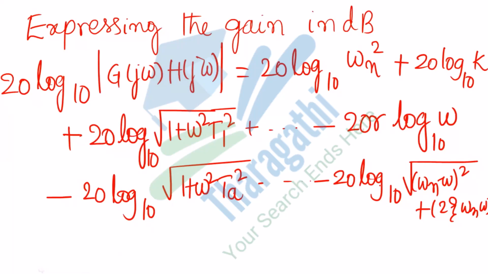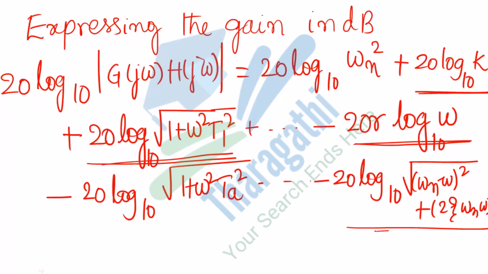If you observe the terms, we have different terms. One is 20 log K to the base 10. Another one is 20 log 10 under root 1 plus ω squared T1 squared. Another one is 20 into r log 10 ω, and another term is 20 log 10 under root (ωn minus ω squared) plus (2ζωn ω) squared.